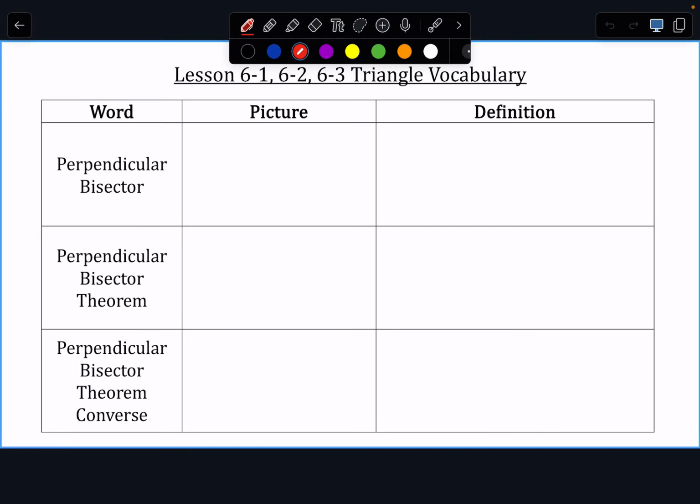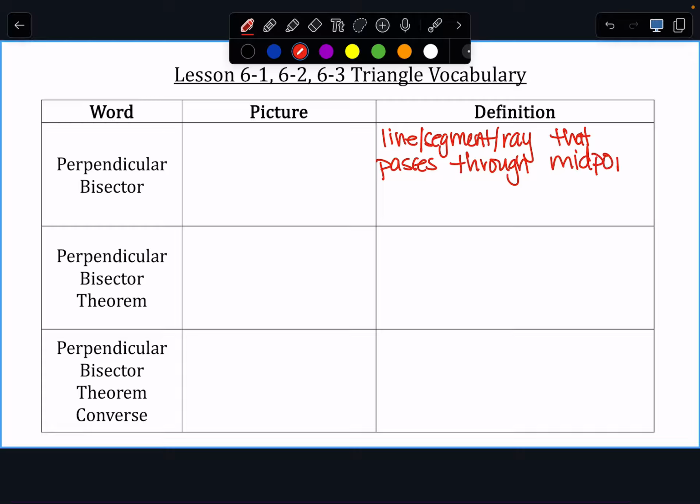So we are talking about either a line or a segment or a ray that passes through the midpoint of a segment and it is perpendicular to it.